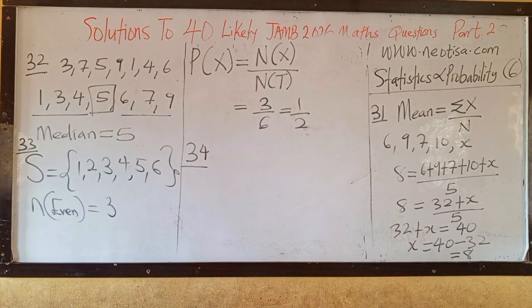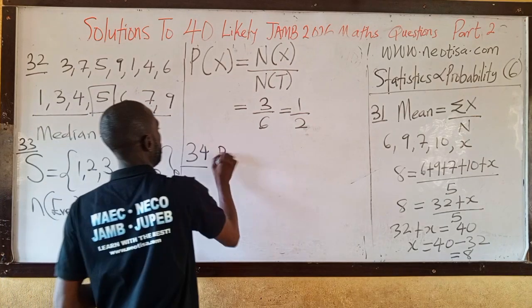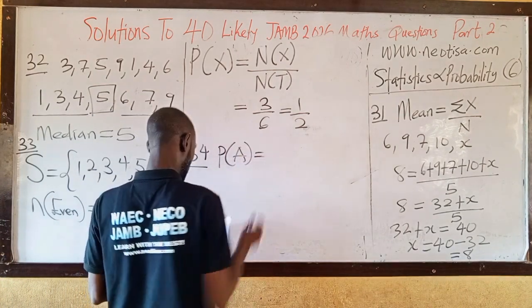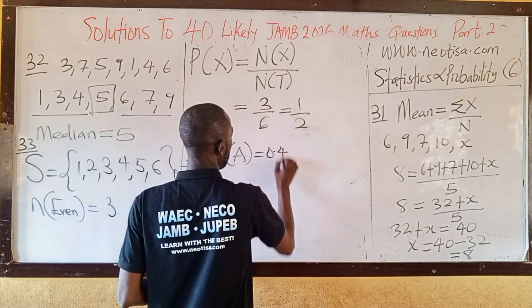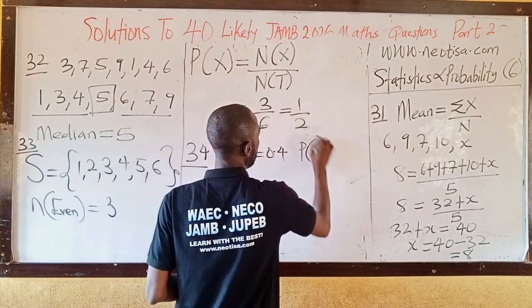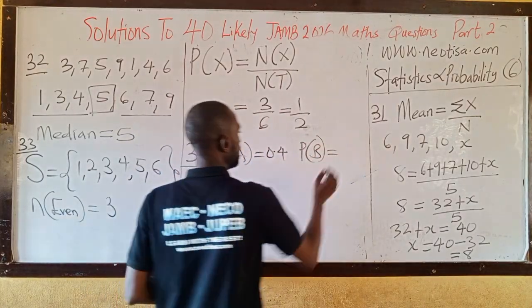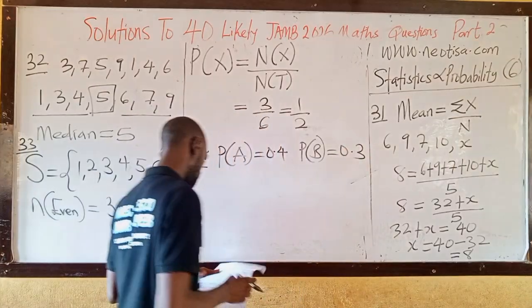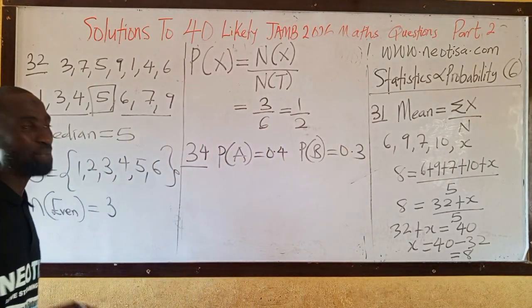What's 34? It says probability of A is 0.4. Probability of B is 0.3. A and B are independent.